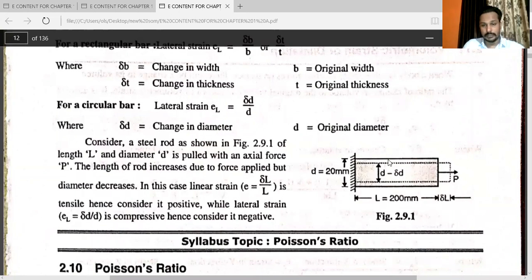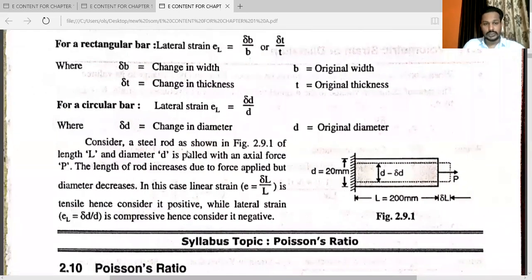You can see this diagram. A steel rod is shown in the figure. The diameter is given, that is 20. P is the applied load. The length is given, that is 200. After applying the load away from the body, that is tensile, there is a change in length, delta L. Whenever the length increases, automatically there will be a decrease in dimension, a decrease in diameter.